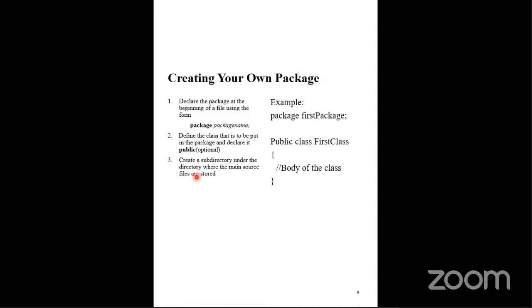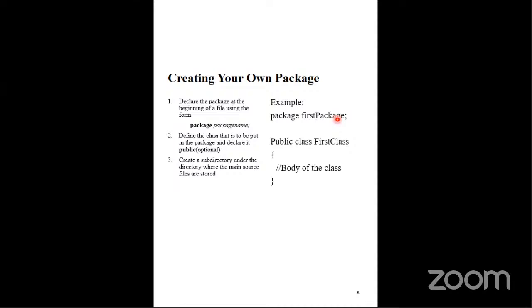So if you want to create a package and you want to create classes inside that package, then you create a subdirectory first of all. So what I will do, I will first create a subdirectory called, suppose, FirstPackage.